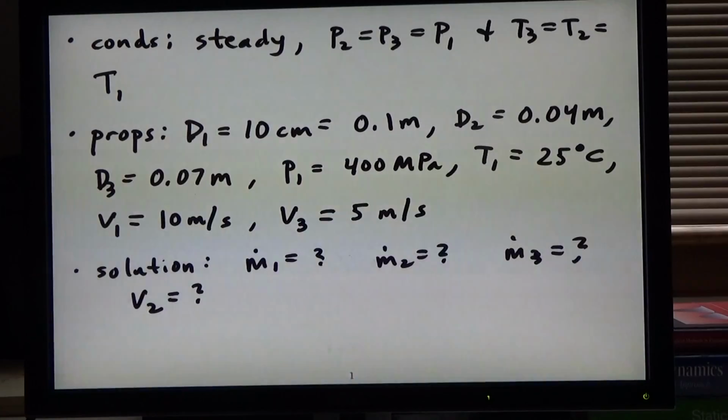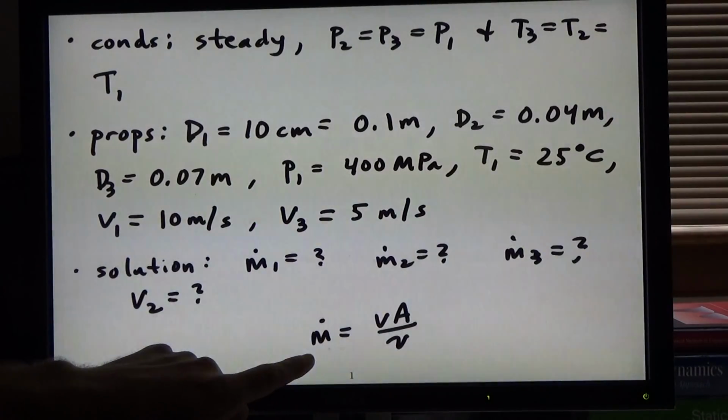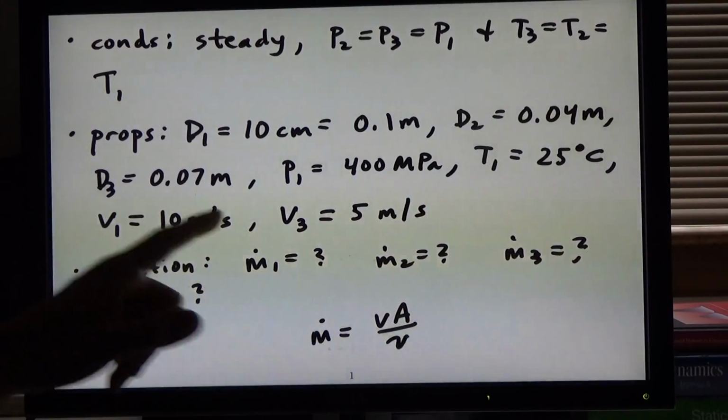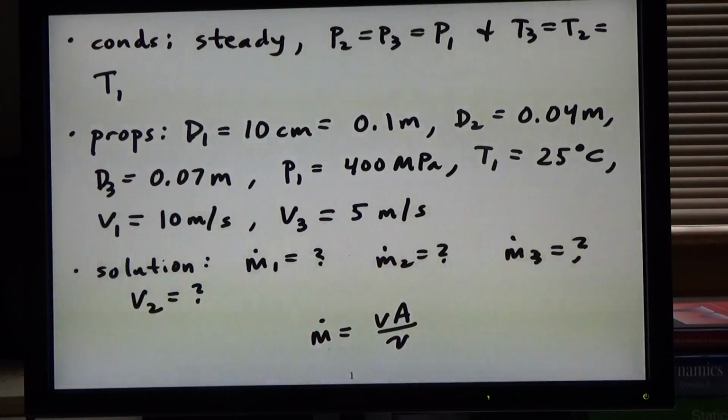With the mass flow rate, we have an equation that tells us what the mass flow rate is. Our mass flow rate equation, we looked at this in the notes, is equal to velocity times area divided by specific volume. So at each one of the inlets and outlets, we can try to apply this equation to find the mass flow rate.